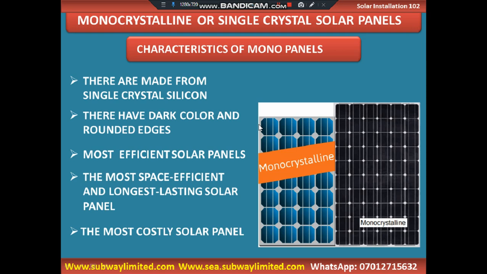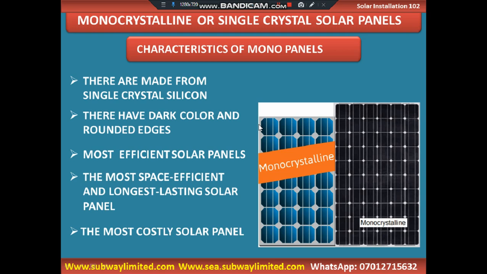These are some of the characteristics and features that will help you differentiate monocrystalline solar panels from the polycrystalline and the amorphous solar panels in the market. One is that they are made up of single crystal.